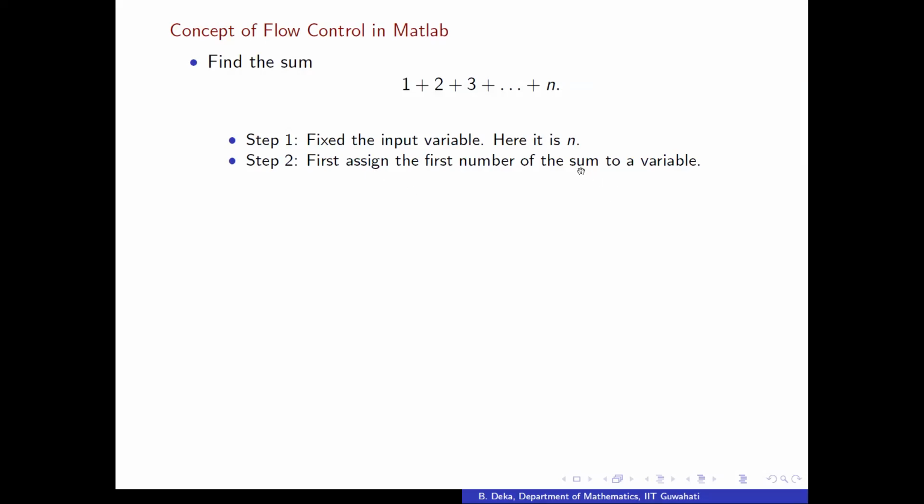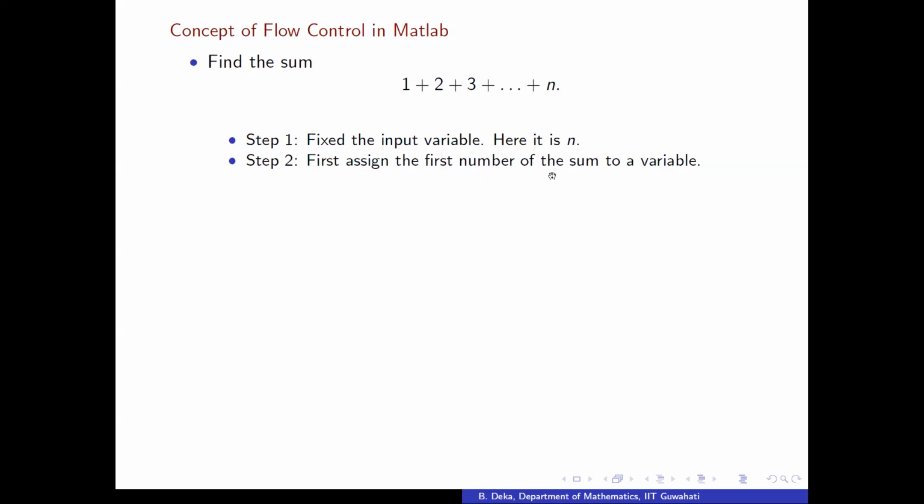I'll write sum, which is responsible for getting the value of this, or I can write any variable A, B, C, whatever you wish, but the variable name should be meaningful. For example, here one can write summation, or one can write result. So the variable name has to be given in some meaningful way.